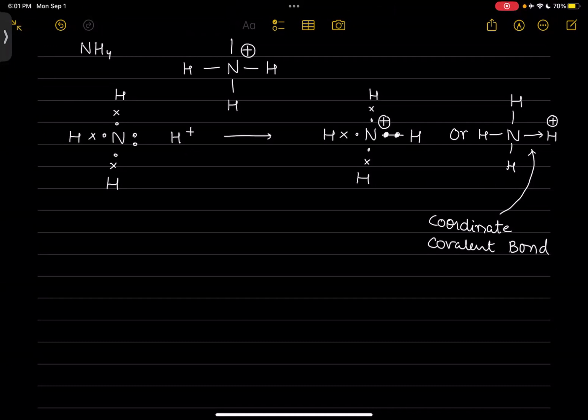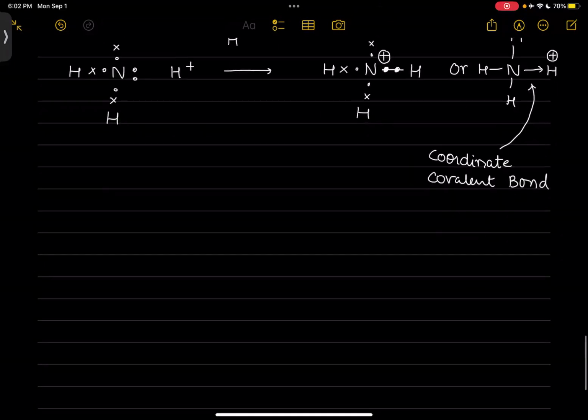Is it clear? Hypervalent, right? And what are the elements which have less than 8 electrons after bond formation?